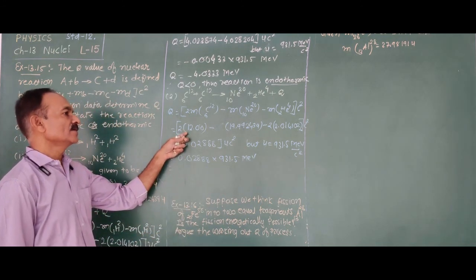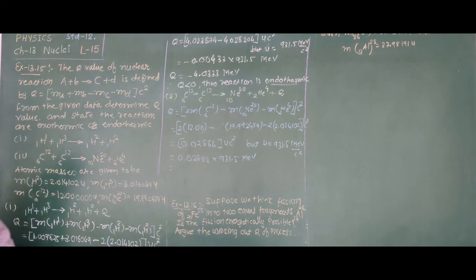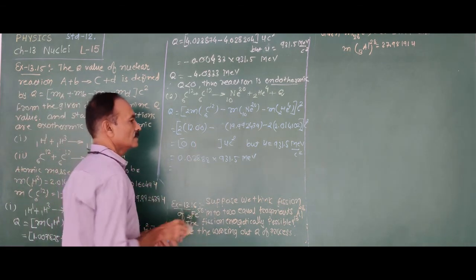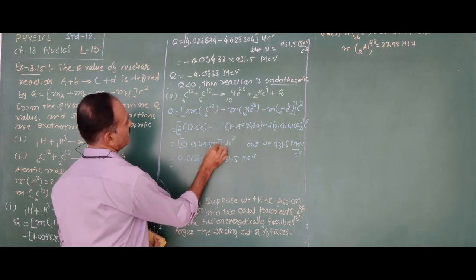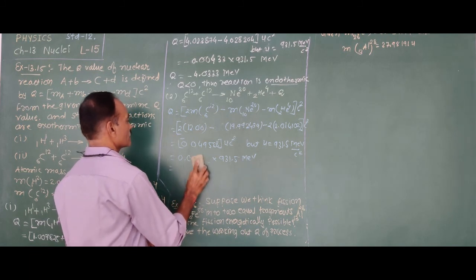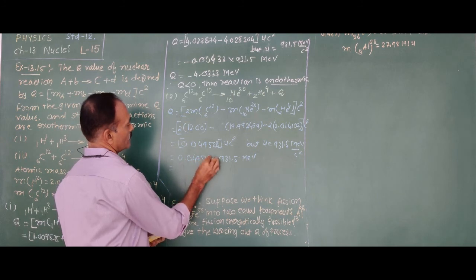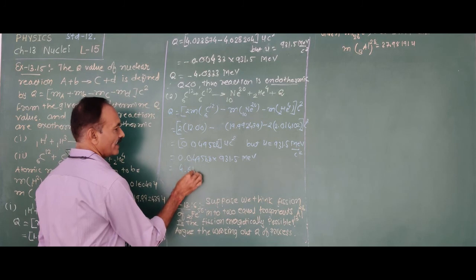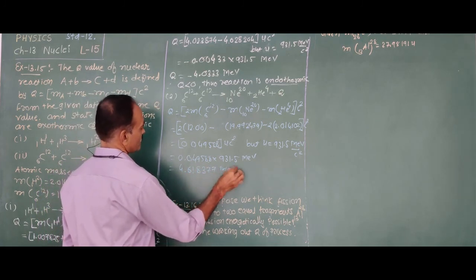So its simplification is 0.04 49588. So the simplification is 4.618377 MeV.